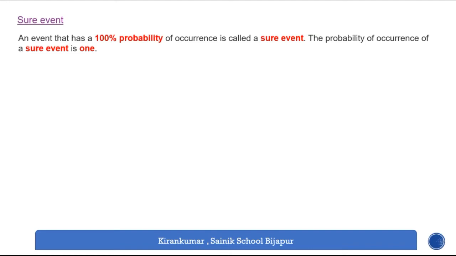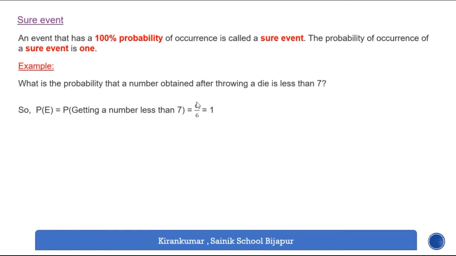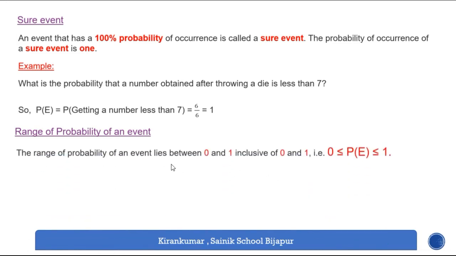Here there will be 6 favorable outcomes out of 6 possible outcomes, so the probability is 1. You need to remember, the range of the probability of an event is between 0 and 1, inclusive of 0 and 1, that is 0 less than or equal to P of E, probability of an event, less than or equal to 1.